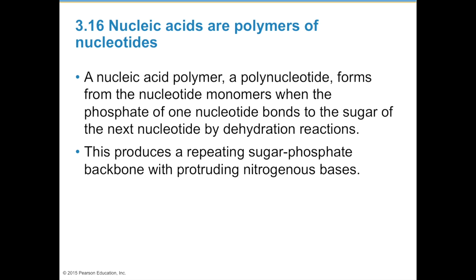All right, a nucleic acid polymer, or a polynucleotide, forms from nucleotide monomers when the phosphate of one nucleotide bonds with the sugar of the next nucleotide by dehydration synthesis. This produces a repeating sugar phosphate backbone with protruding nitrogenous bases.